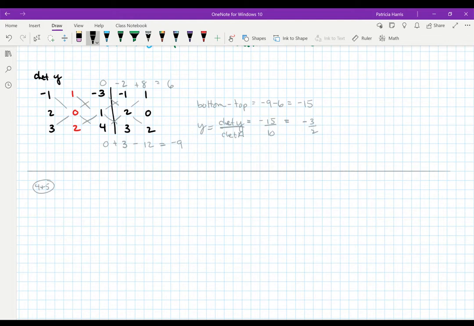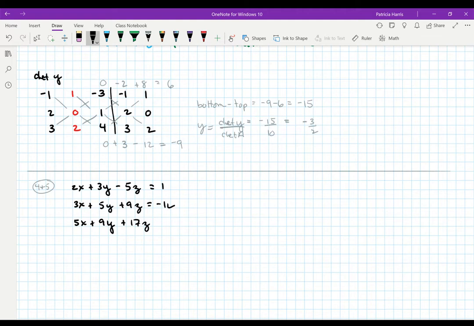All right, so 2x, 3x. Making sure I write down everything correctly.